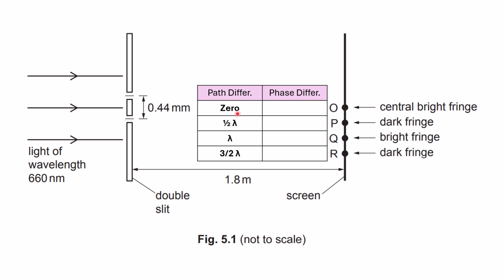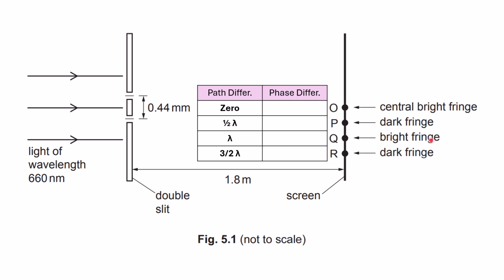So the path difference is 0, because both waves that come from these slits are arriving here together. So there is no difference. They arrive one over another. So there is no path difference between them. The dark fringe, we have a destructive interference, which means that the one is behind the other one, half of a wavelength.